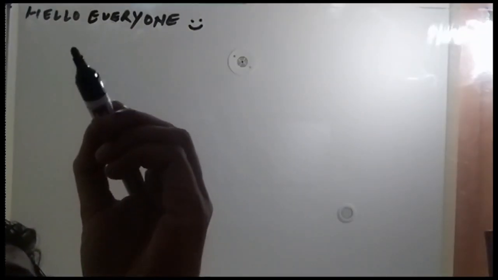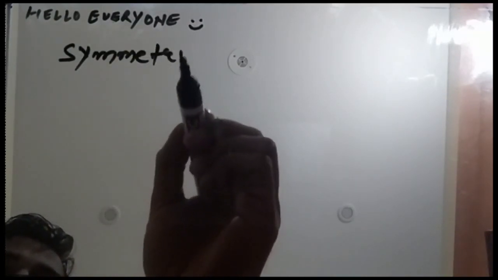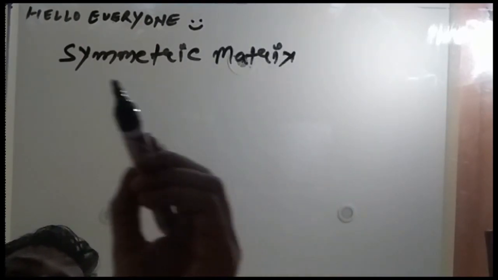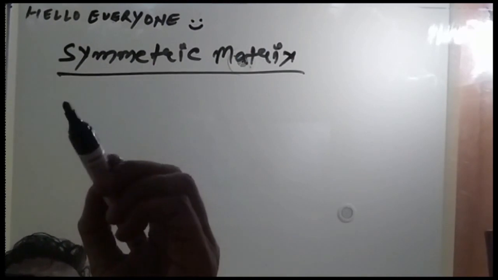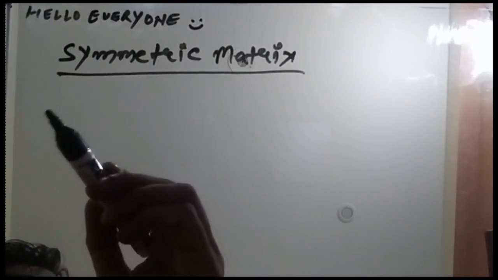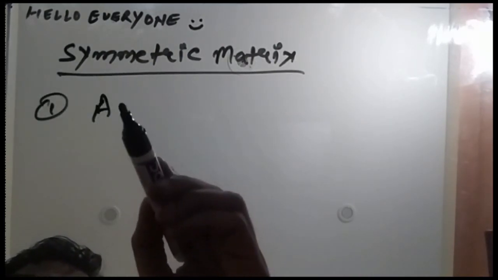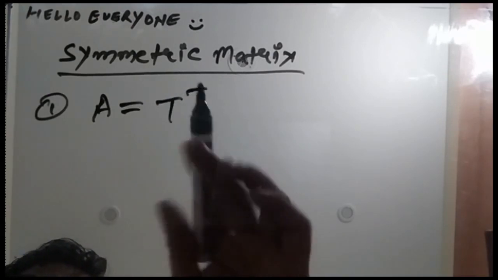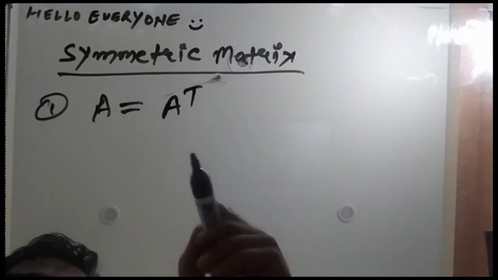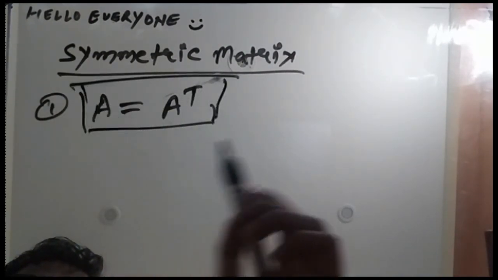Our new topic is symmetric matrix. We have learned how to find the transpose, and when a matrix follows the property A equals A transpose, then we will call this matrix a symmetric matrix.